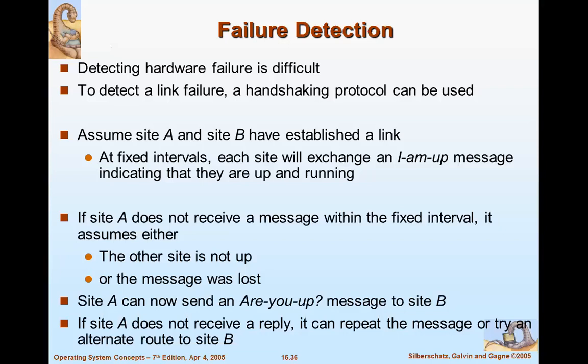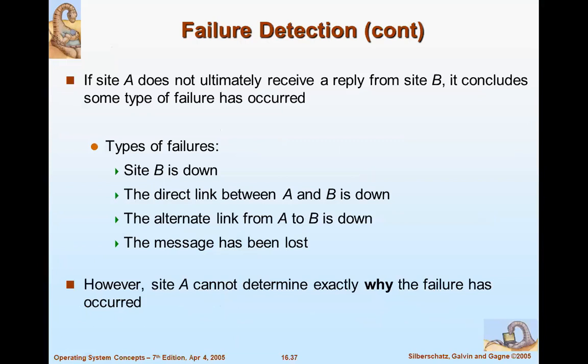Site A sends the "Are you up?" message to site B to confirm that it is available. If site A doesn't receive a reply, it can repeat the message or try an alternate route to site B. If site A ultimately doesn't receive a reply from site B, it concludes some type of failure has occurred.